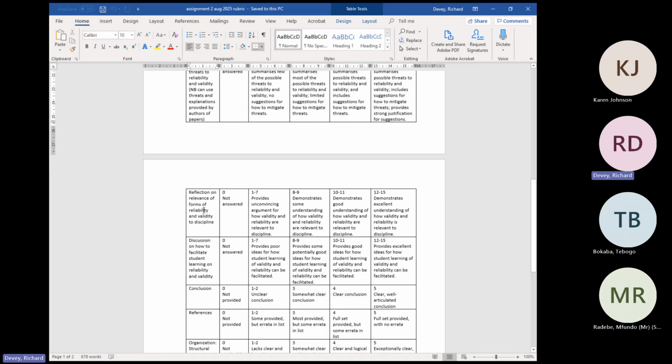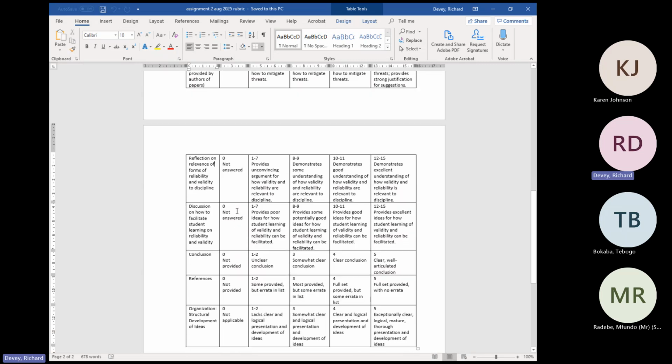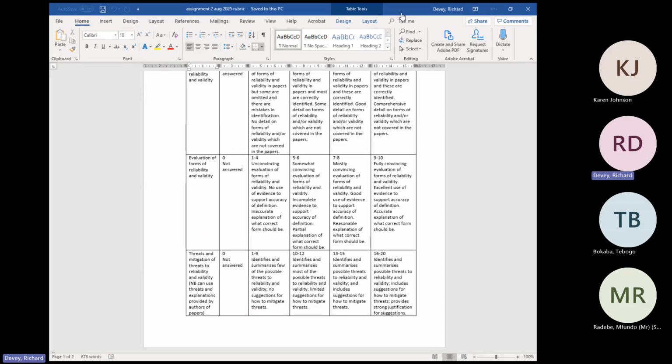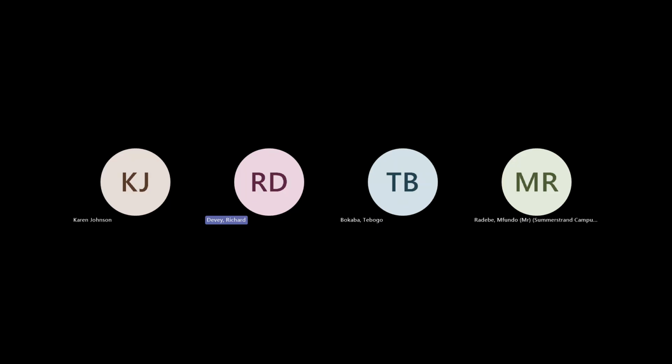And a reflection on the relevance, and then your discussion on how to facilitate student learning on reliability and validity. So how do we get students to learn about these concepts? So that's the rubric for assignment 2. Just have a look at that when you are doing the assignment.